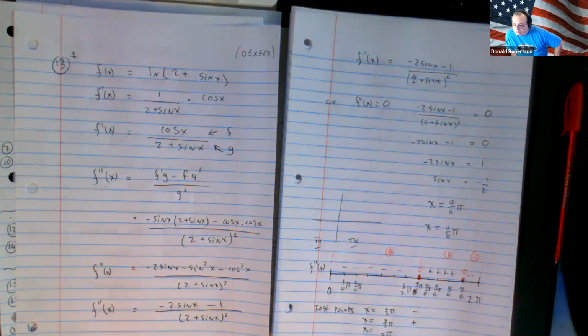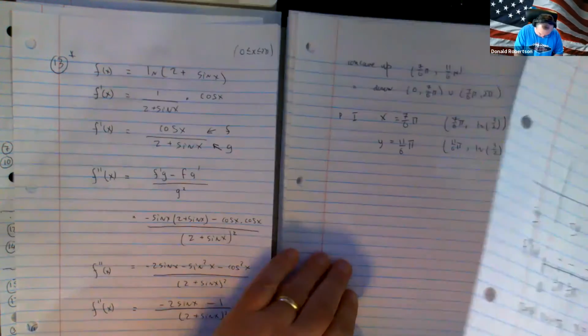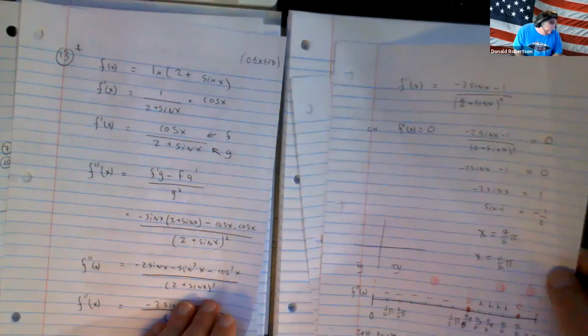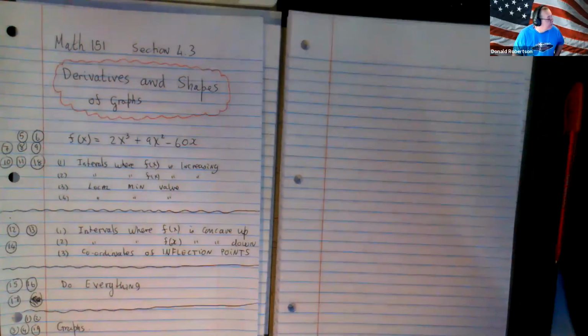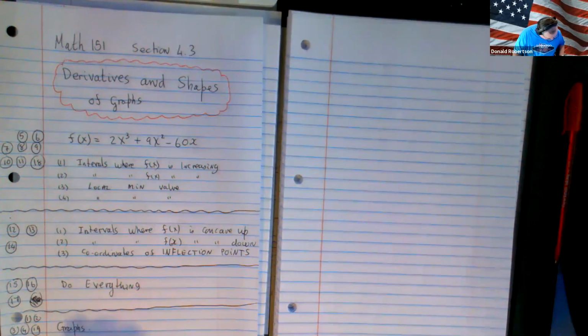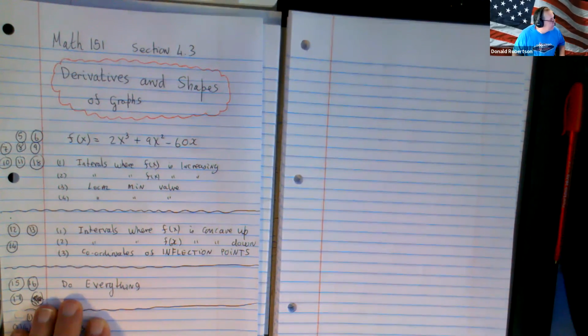These are not short questions, right? There's a lot of stuff that needs to get done just to answer when is it concave up and when is it concave down. So for my last question, I'm going to do one of the do everything guys. So let's find a do everything guy.